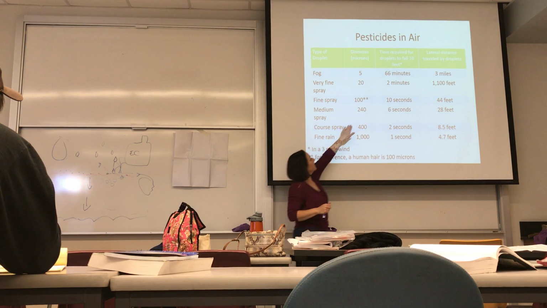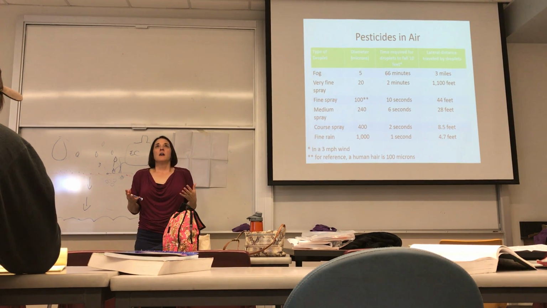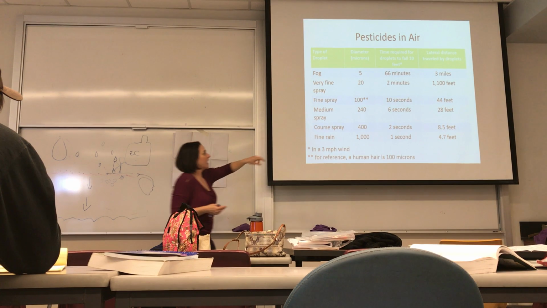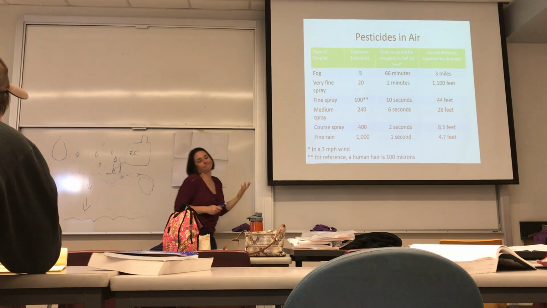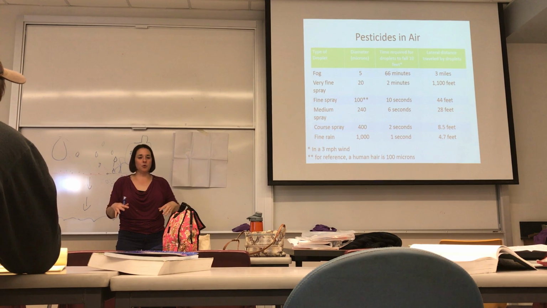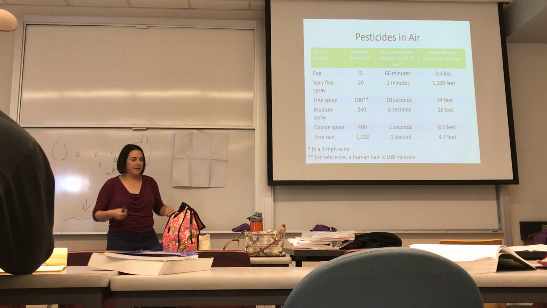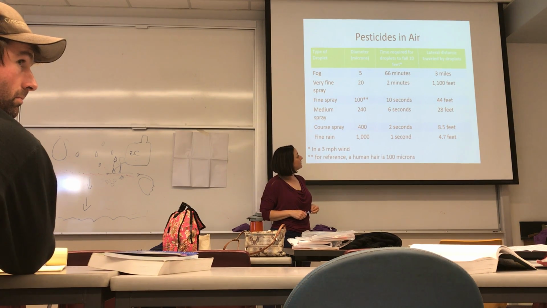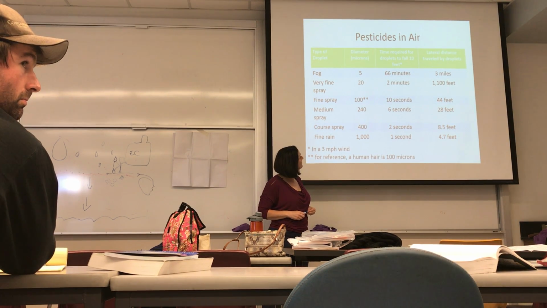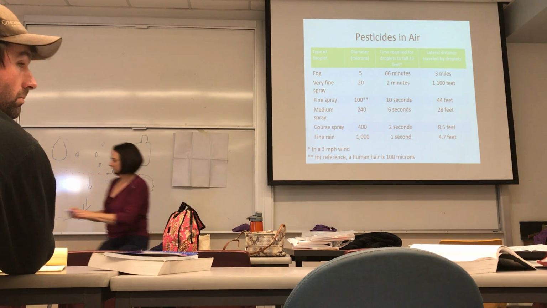So 240 is a good droplet size for a lot of things, but you're not going to get 240 microns in an air blast sprayer. If you've got a ground boom, 240 is great. If you've got a backpack sprayer, 240 is great. And based off the right side over here, even for the fine spray, 44 feet. But if you're not within, you know.